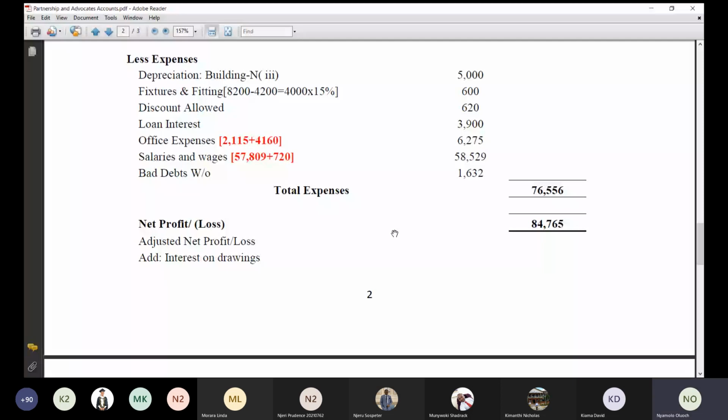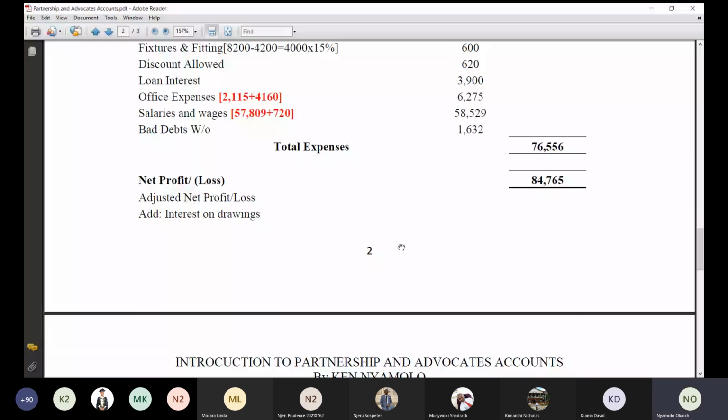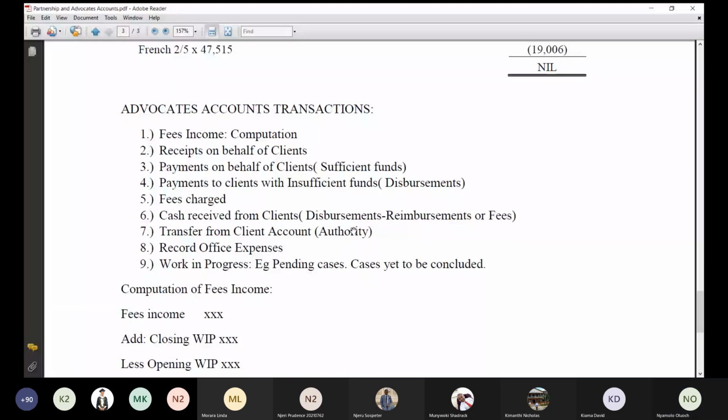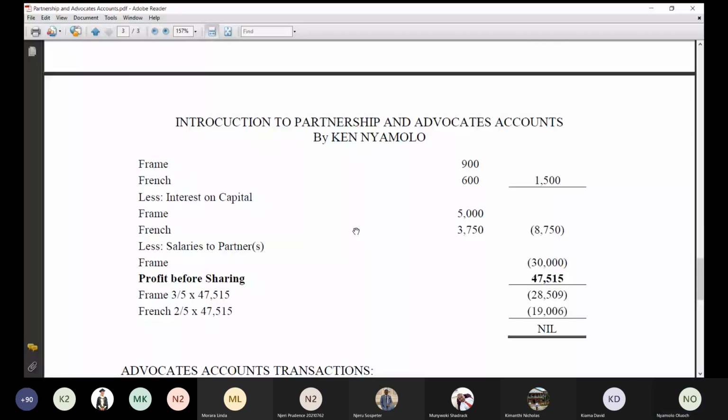Now that we've worked up to the appropriation, my next class on partnerships will now be showing you the working on the current and the capital account.